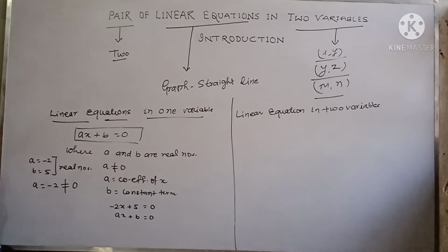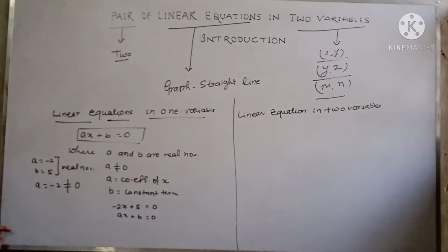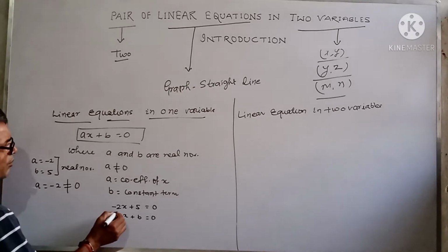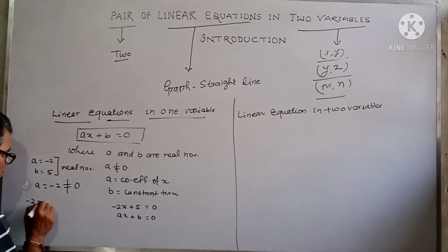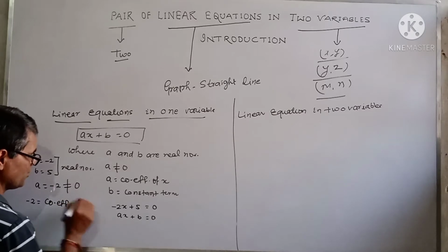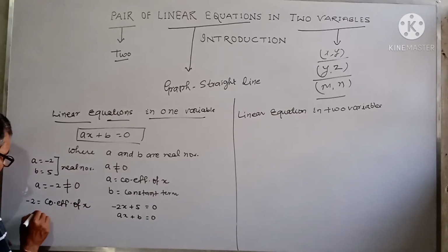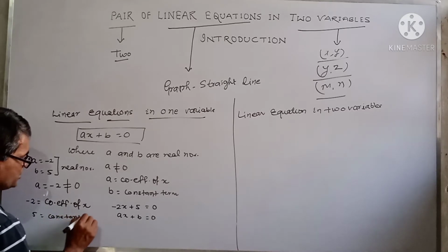Understand, everyone? In this equation, minus 2 is called coefficient of x and 5 is constant.